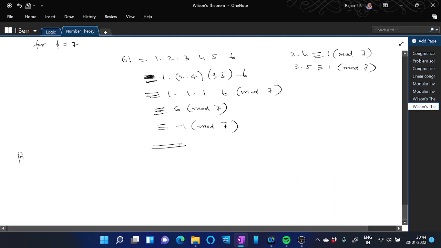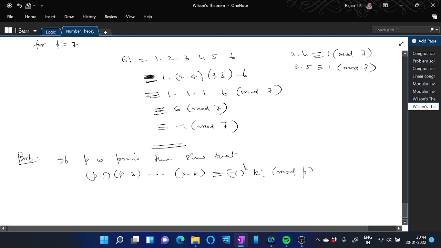Now, another problem. If p is a prime number, prove that (p-1)(p-2)...(p-k) is congruent to (-1)^k k! mod p.